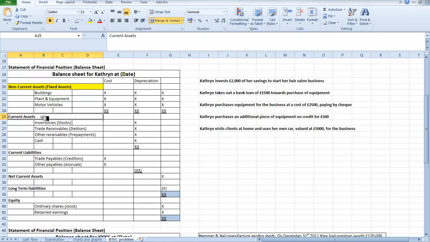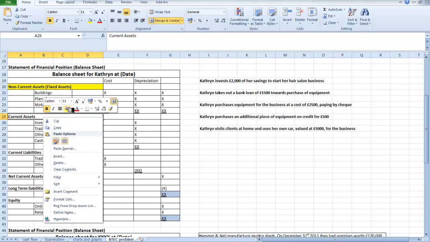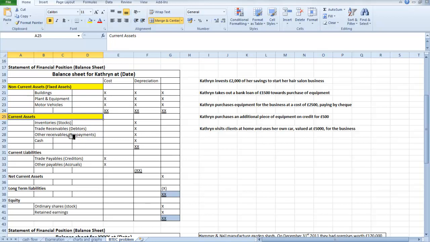Other things which the business owns, which are going to be used in the short term or are cash already, are current assets. So they include inventories, or stock as it is sometimes referred to. Inventory is, for example, when you buy materials to make something else which you're going to sell.